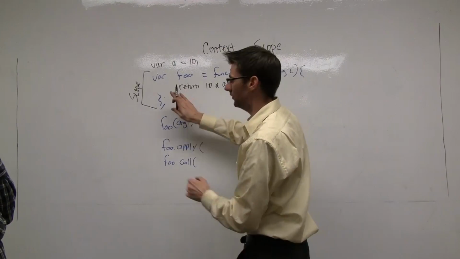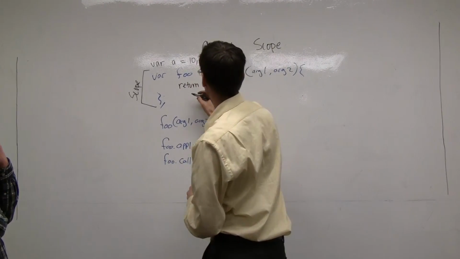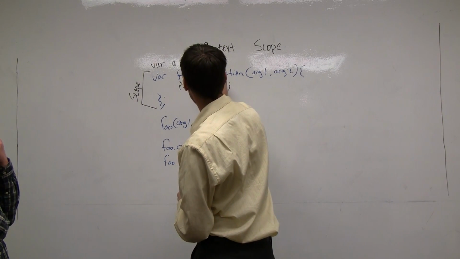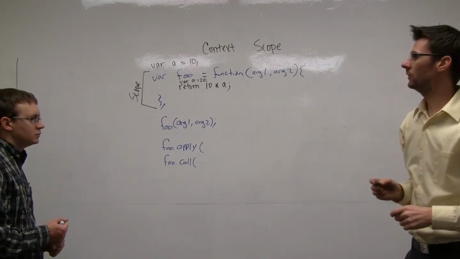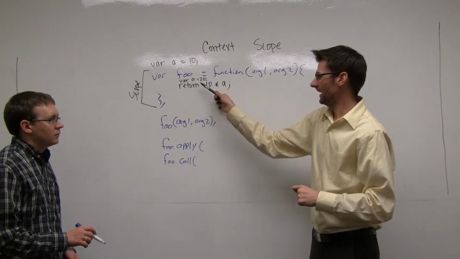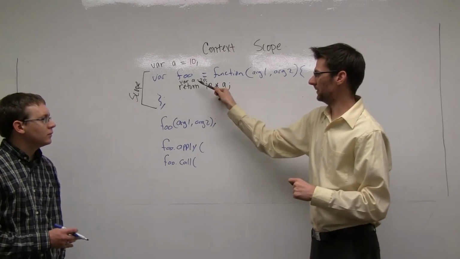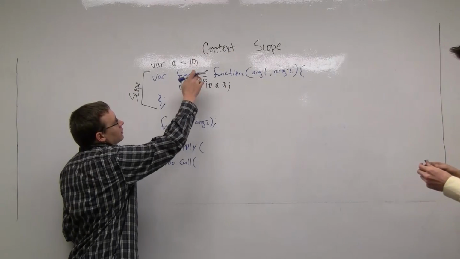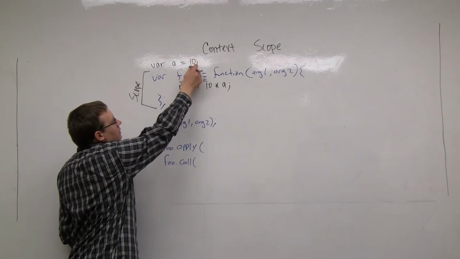But what's interesting is you can override those variables as well. So let's say we said var a equals 20 inside there. Now that would be 200 because it looks at its current scope and then uses that. If its current scope does not have it, it goes to the outer scope. So by doing this, we're going to leave a equals 10 untouched.